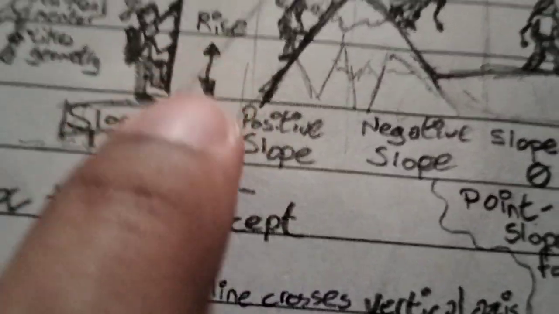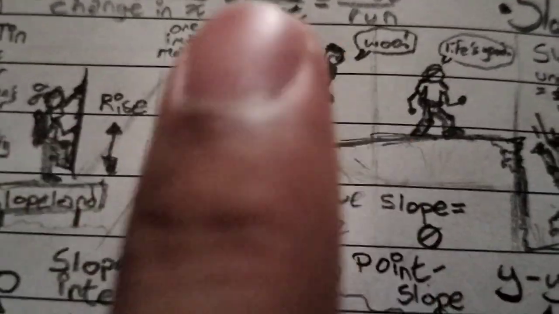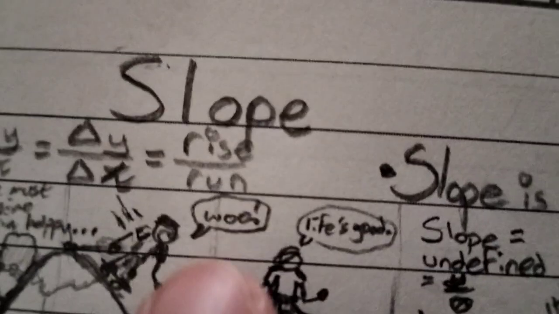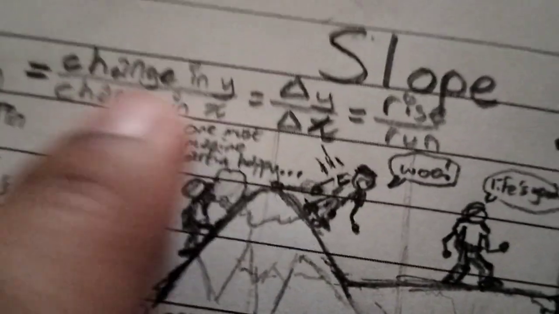Now this run and this rise is commonly what can be found in the equation of slope. The rise over the run. Rise over run, which is the equation of how to calculate slope. Changing y, how much you go up and down, and changing x, which is how much you go left and right.